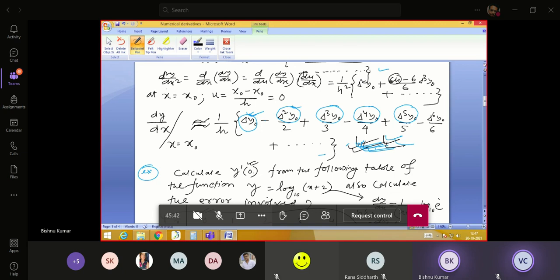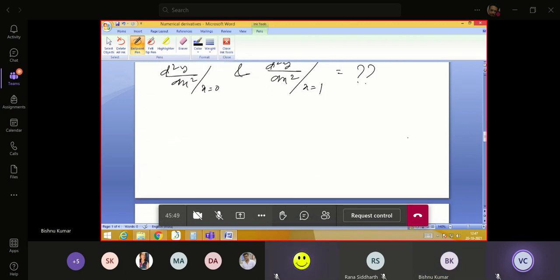So I think you can calculate these things. Similarly, listen nicely. If your derivative is asked at the last point or second last point, obviously you have to use Newton backward interpolation.